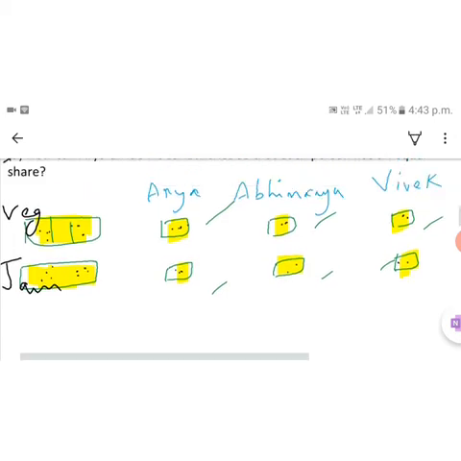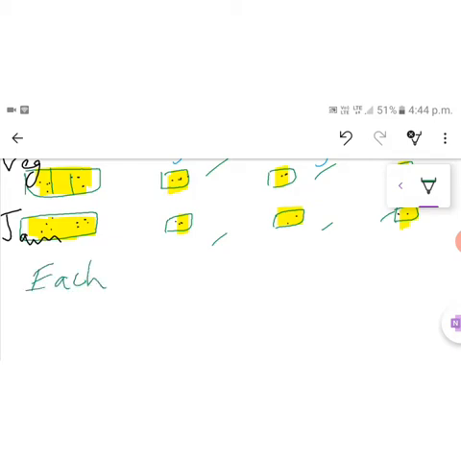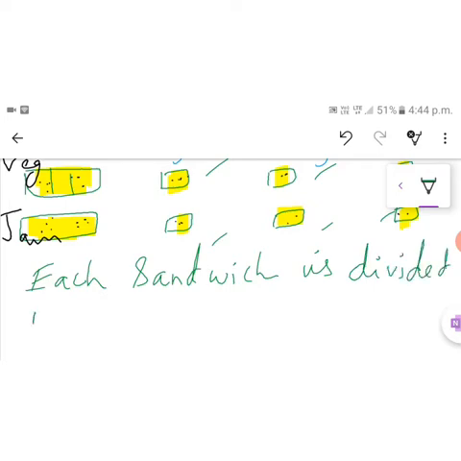Therefore, each sandwich is divided into 3 parts.